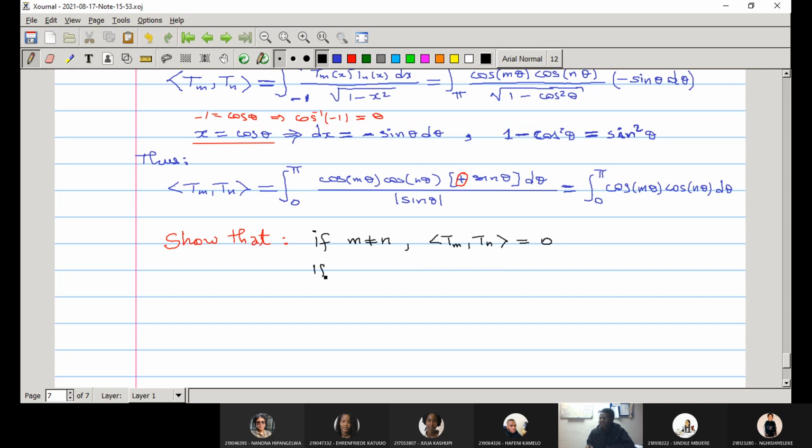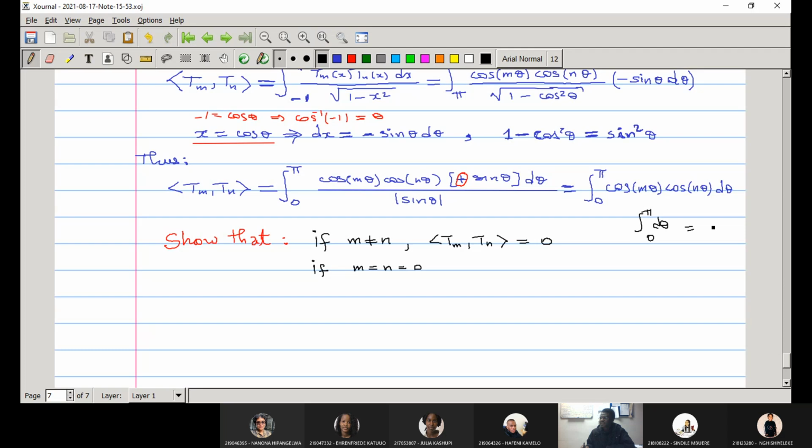Now, if m is equal to n equal to 0, then this will become 1, because this will be 0, this will be 0. Now, if you integrate this, it will be the integral d theta from 0 to pi.